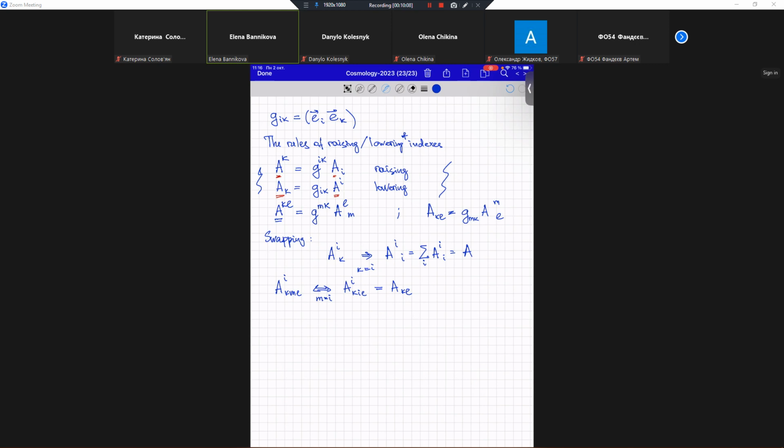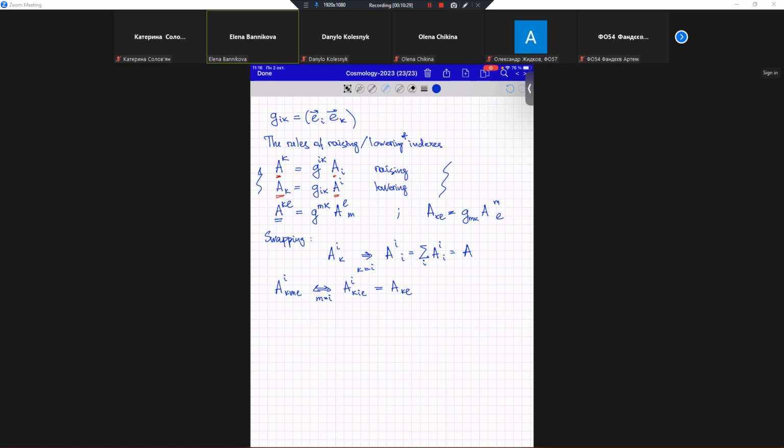Okay, what I want to add about the metric tensor is that, in principle, we can prove that the metric tensor behaves like a tensor.